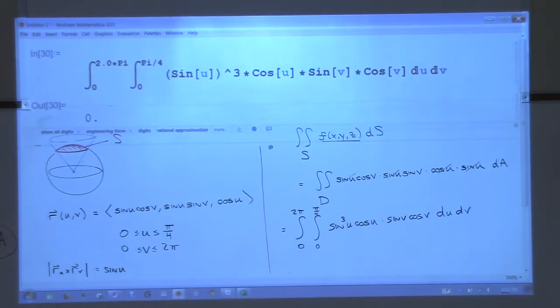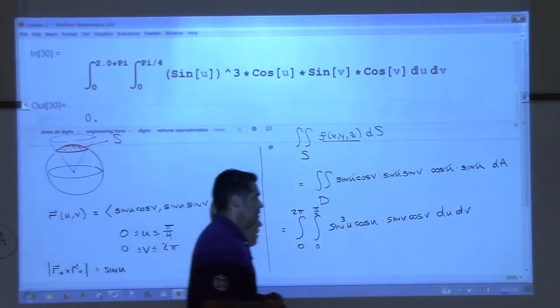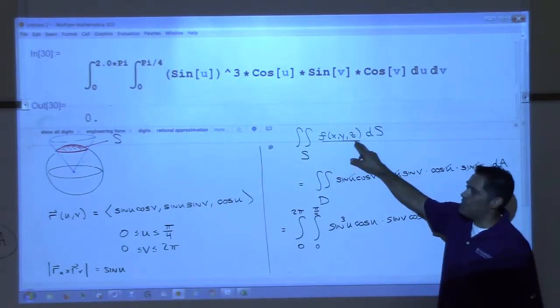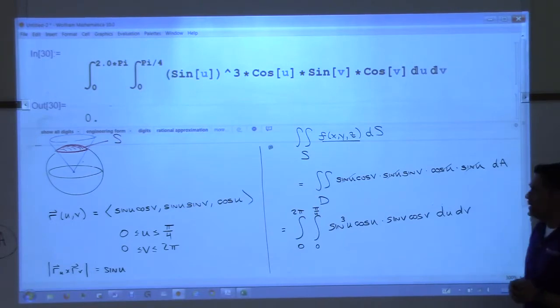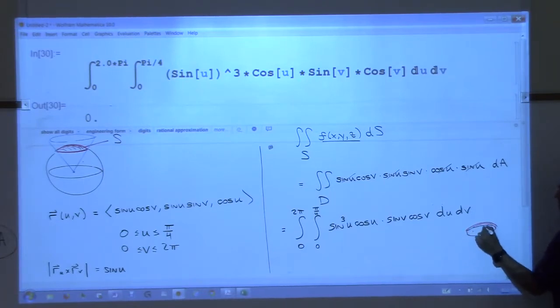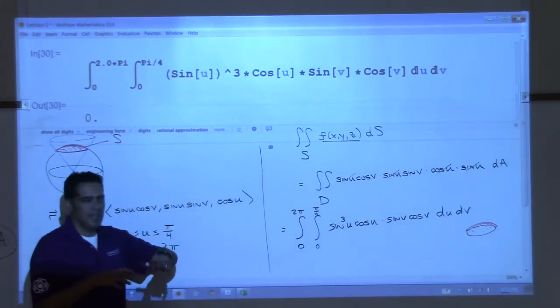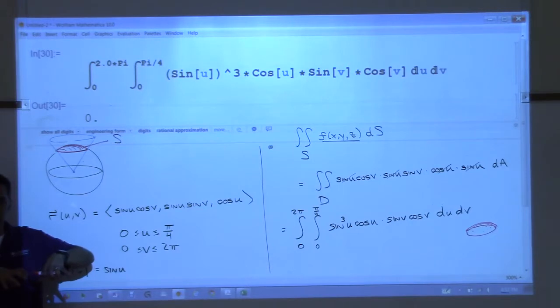Now look, this is just kind of a coincidence, all right? But it does have a lot to do with the symmetry of what's going on here. Because your function here, x times y times z, if we look at that like a density function, if you look at that top cap that we had, as you move around points here, when you're in the first octant, the density there is going to cancel out with the density in which octant?